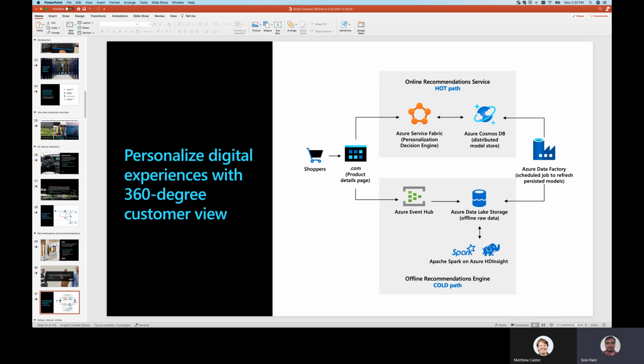And once all the data is there in the data lake storage, we can write cutting edge machine learning algorithms in order to create a recommendation engine. And once the model is deployed, the real time scoring against the recommendation model could later be stored back into Cosmos DB and could later be served to your shoppers.